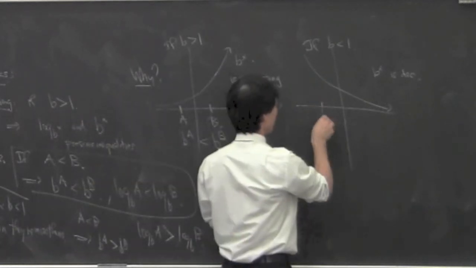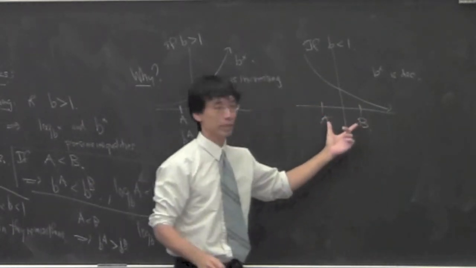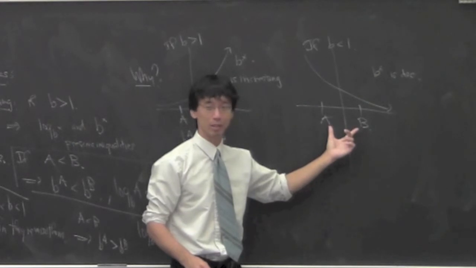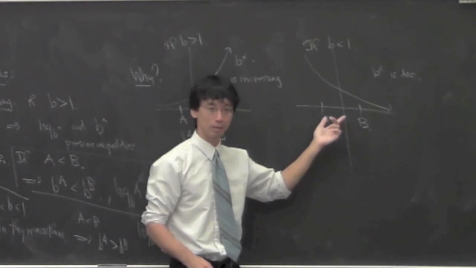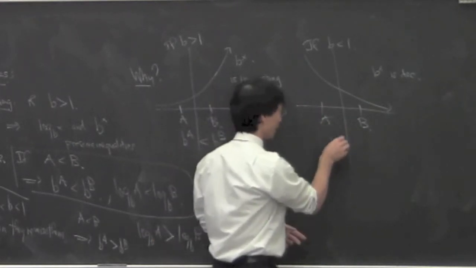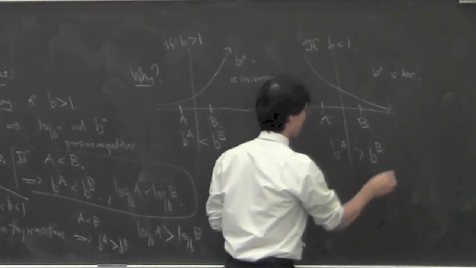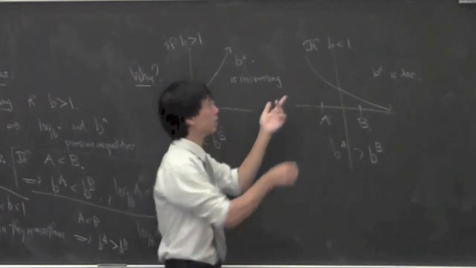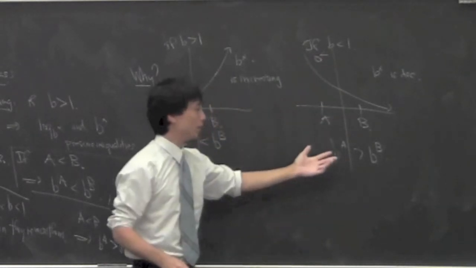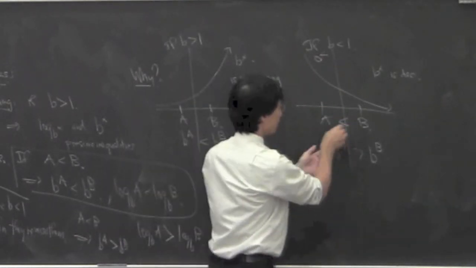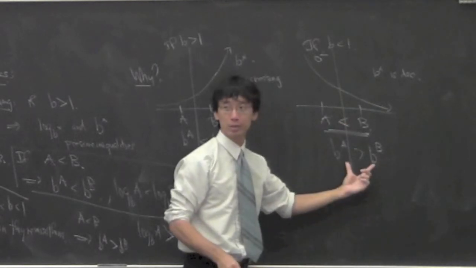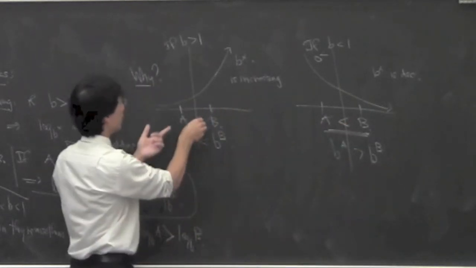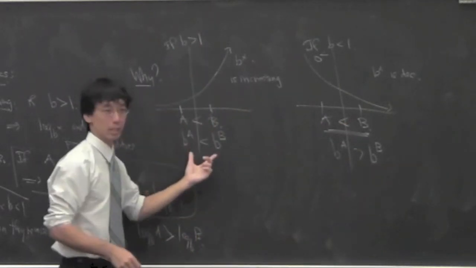And similarly, if a is less than b over here, b to the a is bigger than b to the b. And so that's why, if the base is smaller than 1, then this relation gets reversed. If b is bigger than 1, then the relation gets preserved.